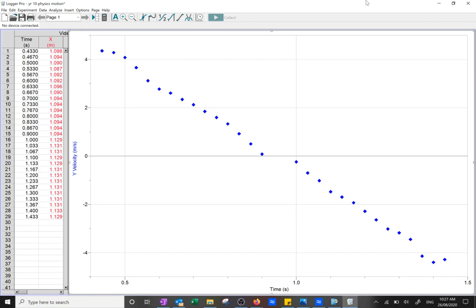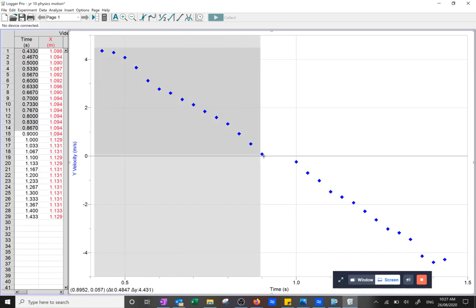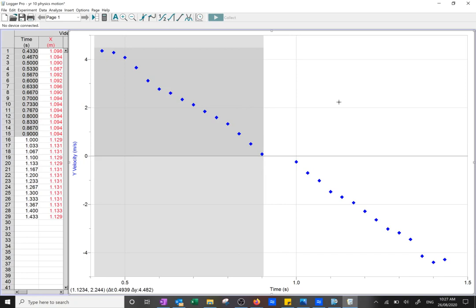Now, the great thing, who has this document open on their laptop? 1, 2, 3. Excellent. Again, we will do more tutorials, but you can do really cool stuff. You can highlight the upwards journey. I want you to highlight that part. And there's a really cool button right there that's going to give us the area under the curve.